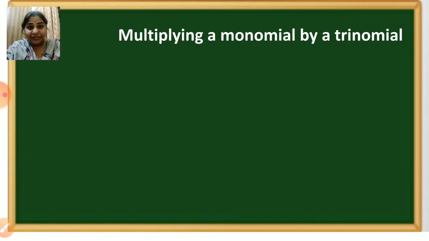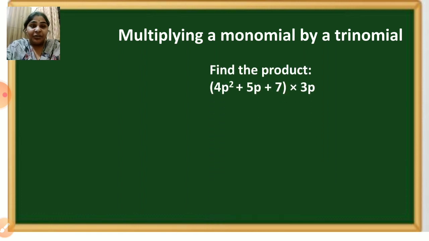Now for example, find the product (4p square plus 5p plus 7) whole bracket multiplied by 3p. Now if you observe children, here this is a trinomial, right? And here it is a monomial.